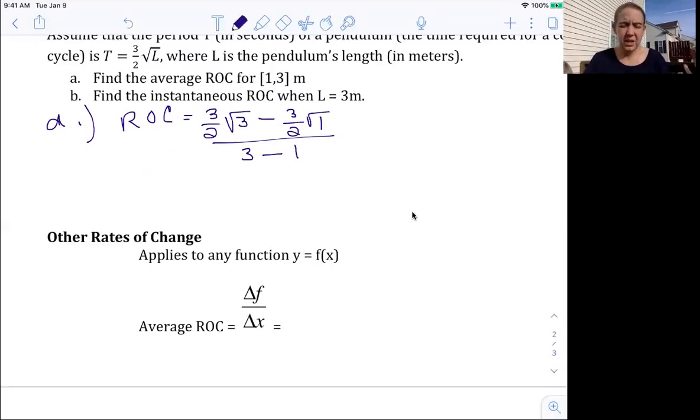So this is a different function than that 16t squared. So use your calculator, use parentheses, square roots appropriately, all that good stuff. I'm going to do the same thing, 3/2 times square root of 3 minus 3/2. All this is divided by 2, and I get 0.549.